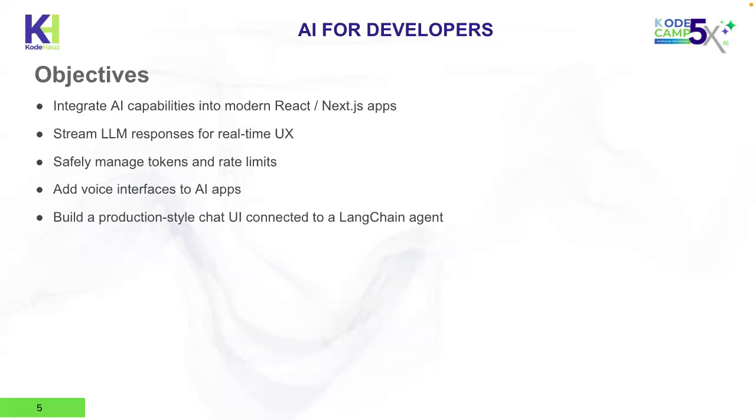Tokens are basically, just look at them like money because, yes, for all of this training stuff that we are doing, simple trials, simple testing, learning on your own, the free plan that most of these AI providers give is okay.